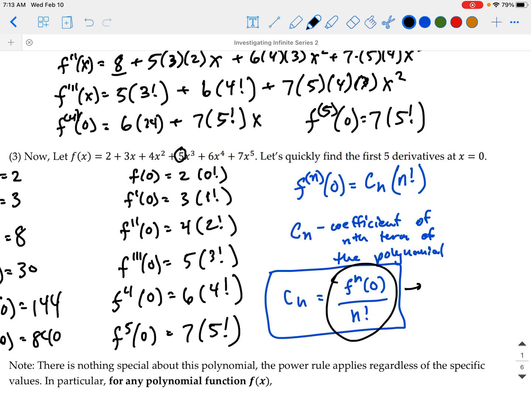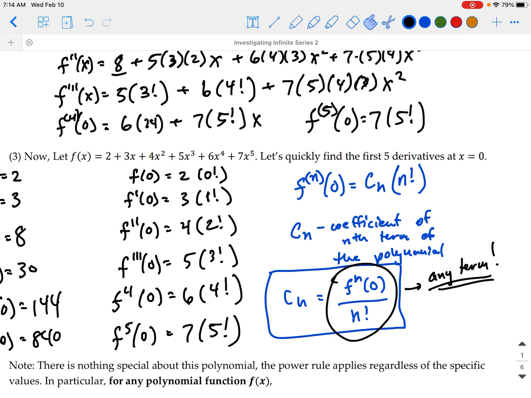So if I want to know the coefficient there, all I need to look at is the derivative applied 3 times, in this case at 0, all over the factorial, which is just the number of the power that I started with. So note, this represents any term.